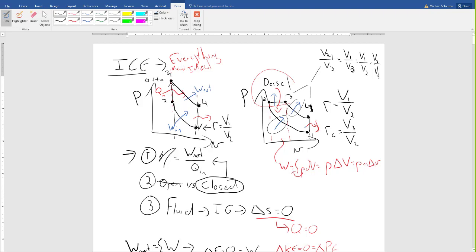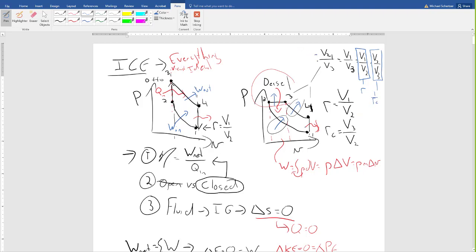You can see here I didn't cheat. This math is still true because I could cancel out the V2s and I'd still have V1 over V3. The reason that I do this kind of weird thing is that V1 over V2, this is R, and V2 over V3 is 1 over RC, right?